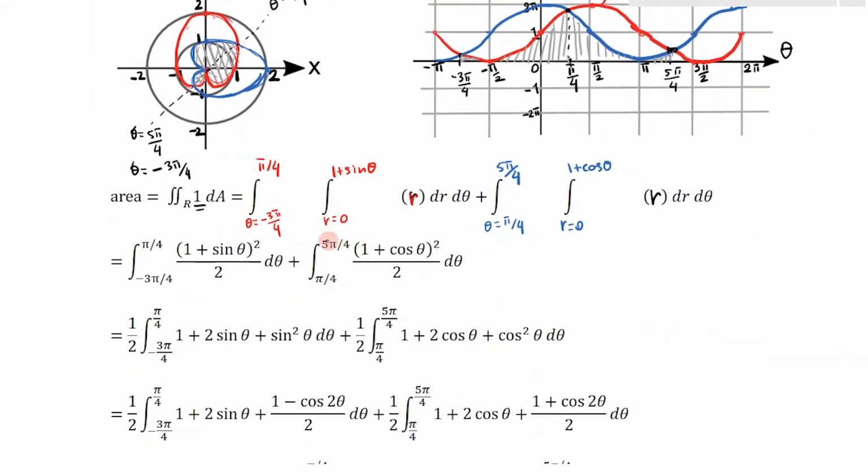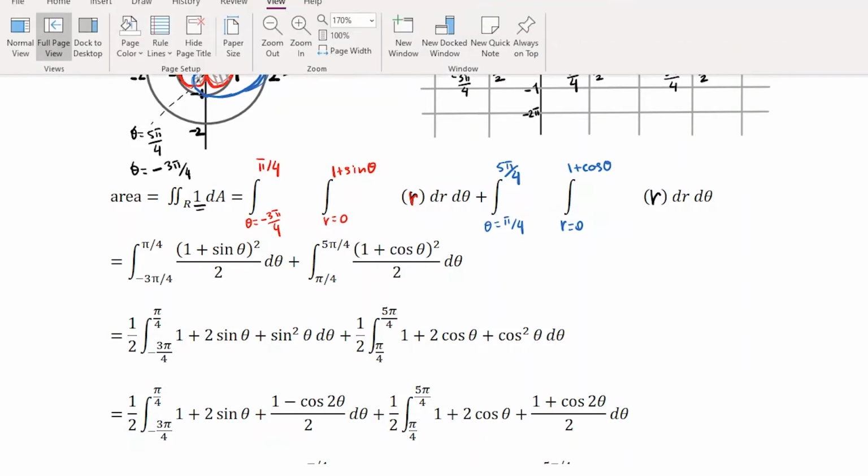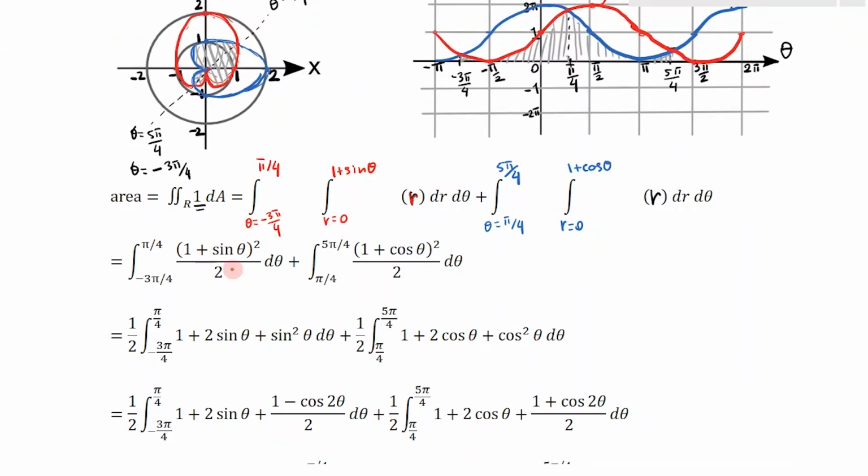The next is integration. Integrating over r, we would get r squared over 2, and we evaluate at 0 and this endpoint, which gave me this. And then bounds stay the same, d theta, plus, same thing here, r squared over 2 is the antiderivative, and I plug in these numbers, I get (1 plus cos theta) all squared over 2.